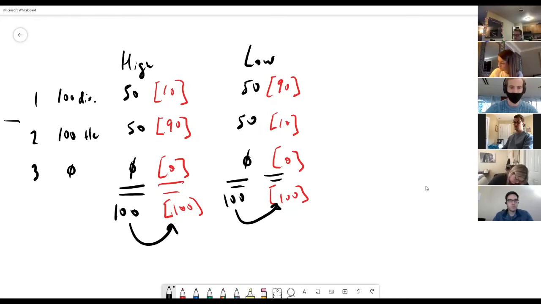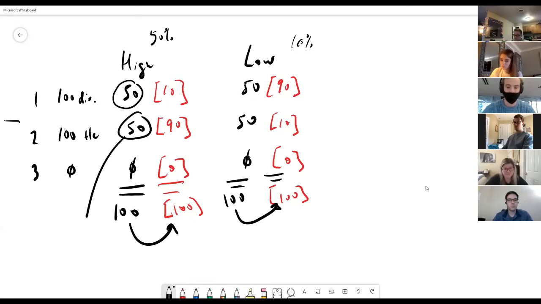Does the tax liability of the partners go down? Let's assume high is in a 50% bracket. Let's assume low is in a 10% bracket. Well, the total tax liability for high under the base case is going to be 100 times 50%, which is going to be tax of 25.